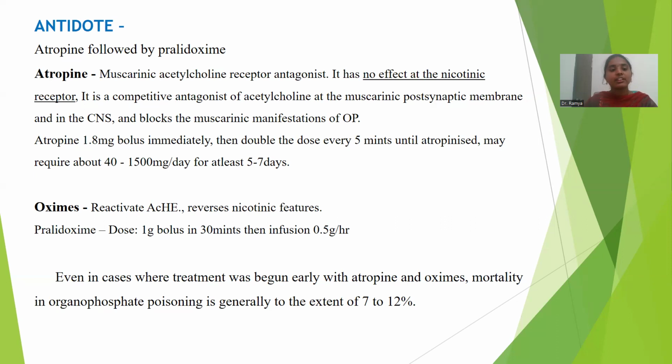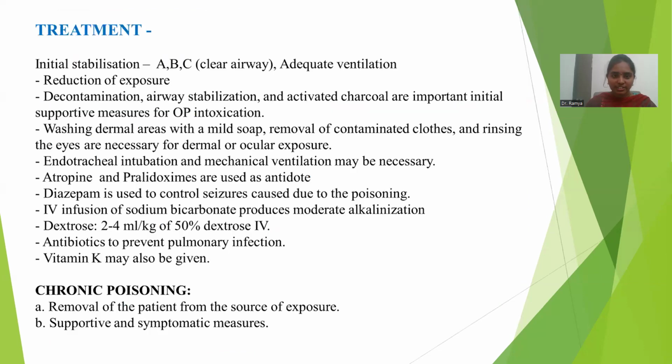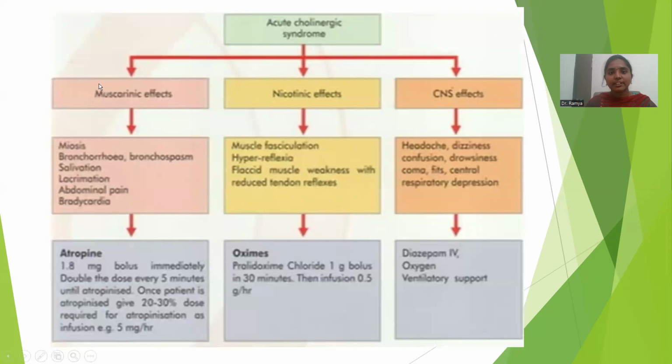Even if the treatment is begun early with atropine and oxime, the mortality of organophosphate poisoning generally extends up to 7 to 12%. It is based on the patient's complications. Next, here I have mentioned anticholinergic symptoms. In that, muscarinic symptoms, nicotinic symptoms, and CNS effects.